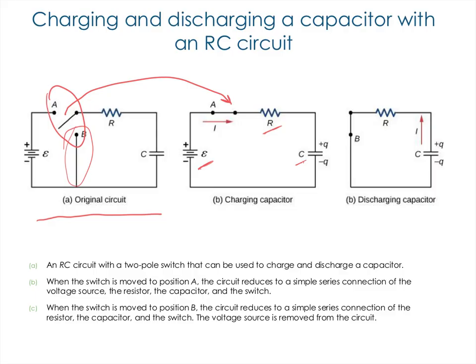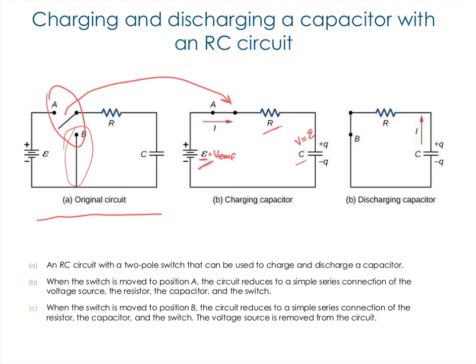The battery will charge up the capacitor until the capacitor has a voltage equal to that of the battery. Here is a case where sometimes you might see the voltage of the battery written as a script E. This just stands for the EMF voltage.